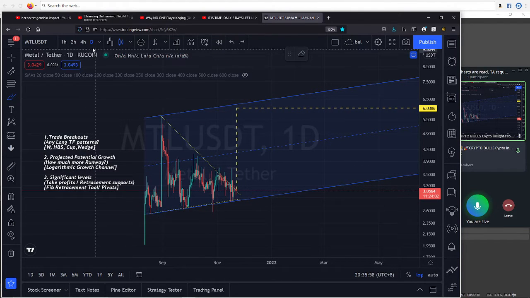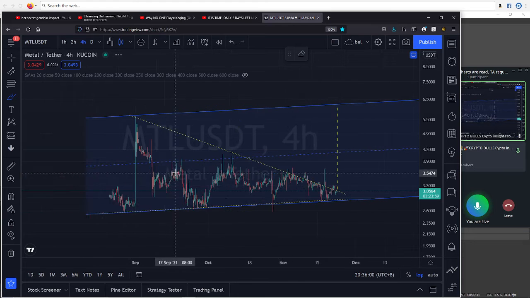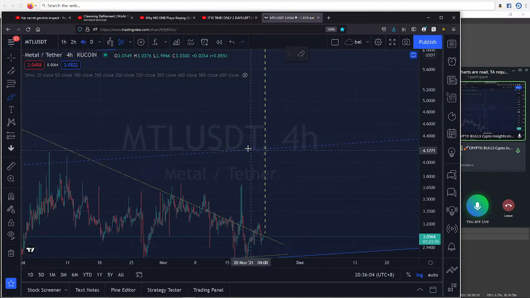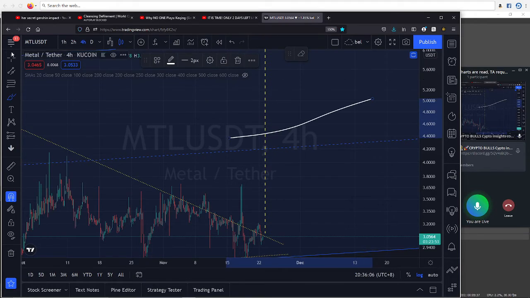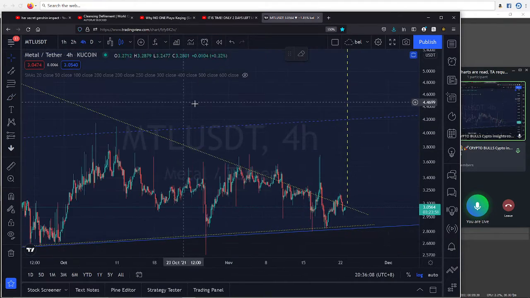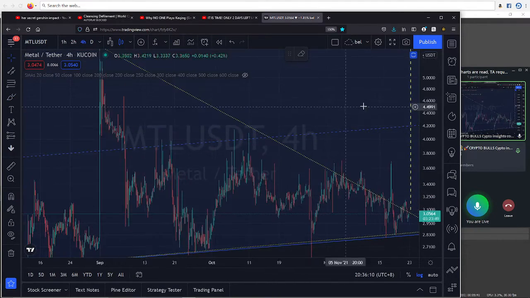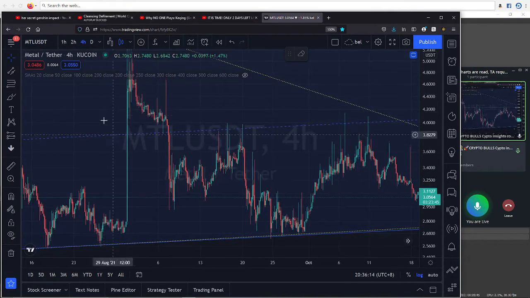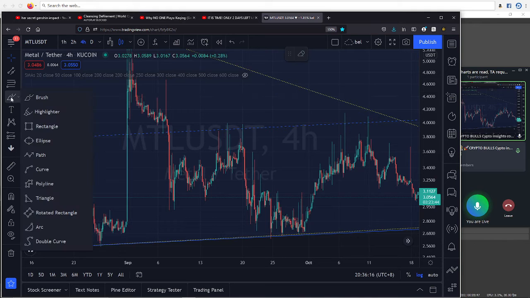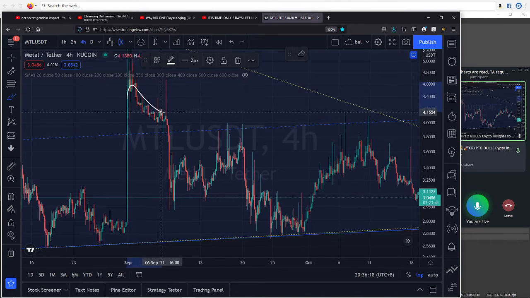If I break it down to a lower time frame, you can see more candles. Let me zoom in. Even though I only set the top and the bottom lines of the channel, see how it respects this channel.